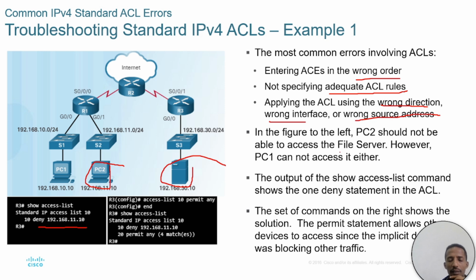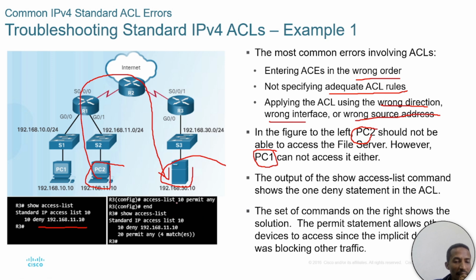Sorry, I think I wrongly interpreted. In our case, we wanted this PC, PC2, to not be able to access the server. That was our intention. But because of this statement, which says deny 192.168.11.0, that is correct, but we are denying every other user from that network because we didn't specify.